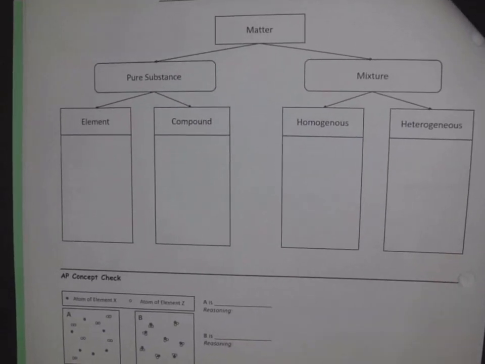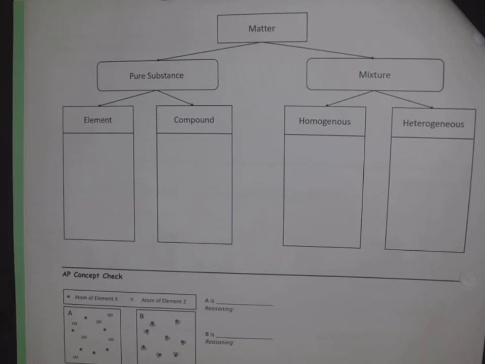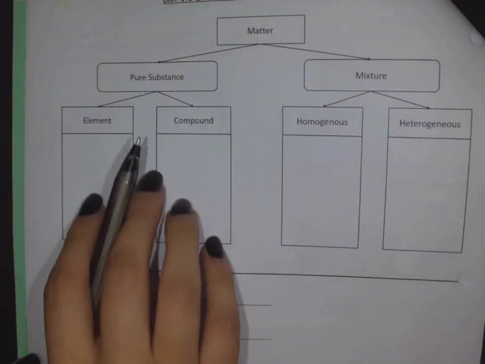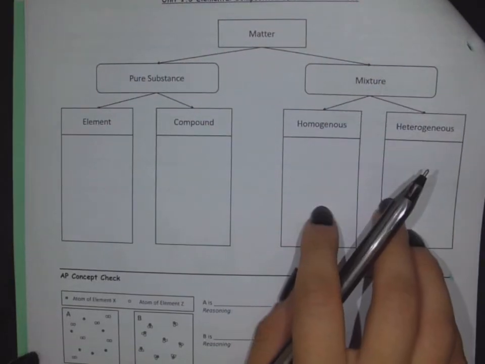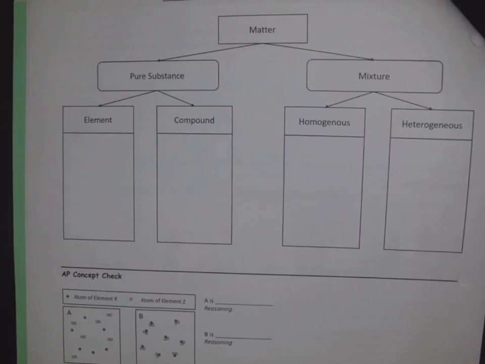So matter broadly can be broken up into two different categories: a pure substance and then mixtures of those pure substances. Let's understand this first, and then we'll see how these things can be mixed. The first is when it's an element.